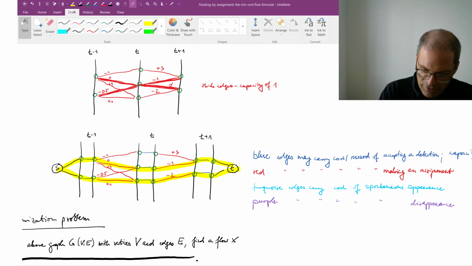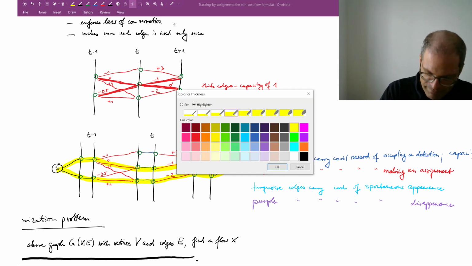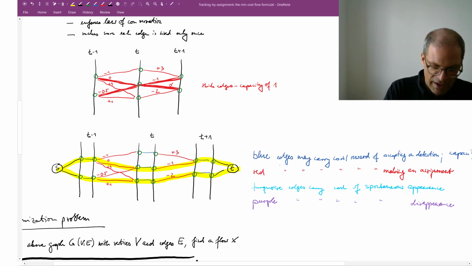Well, and the way we do it here is that to allow for spontaneous appearance, I would introduce extra edges from the source to these places where something could spontaneously appear.